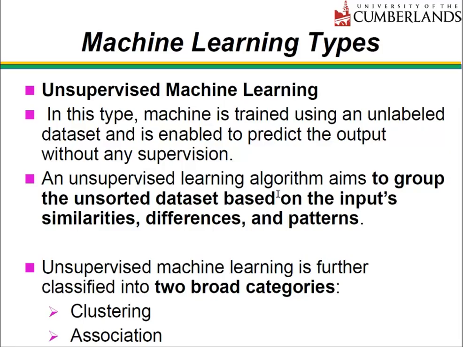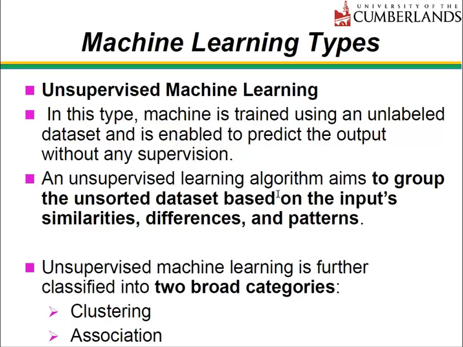Now let's shift to a fundamentally different approach, which is unsupervised machine learning. So in this case, we don't have labeled data, as you can see, because we say unsupervised. So in unsupervised learning, the situation is reversed.